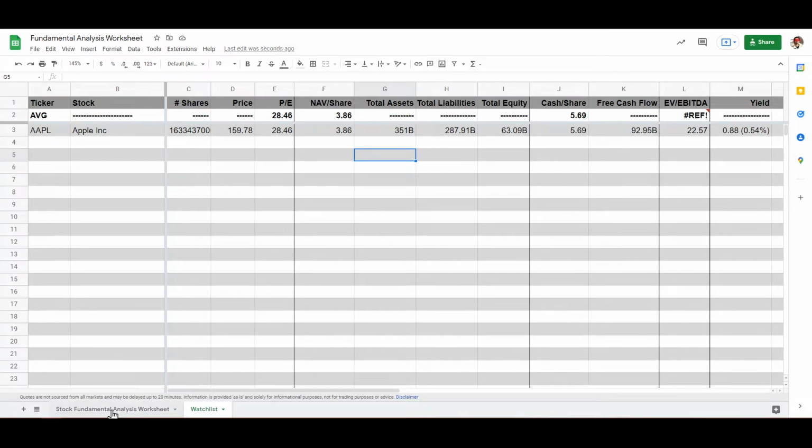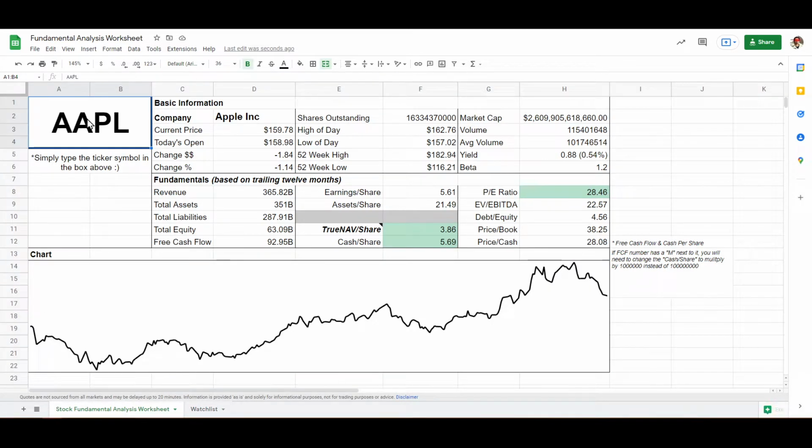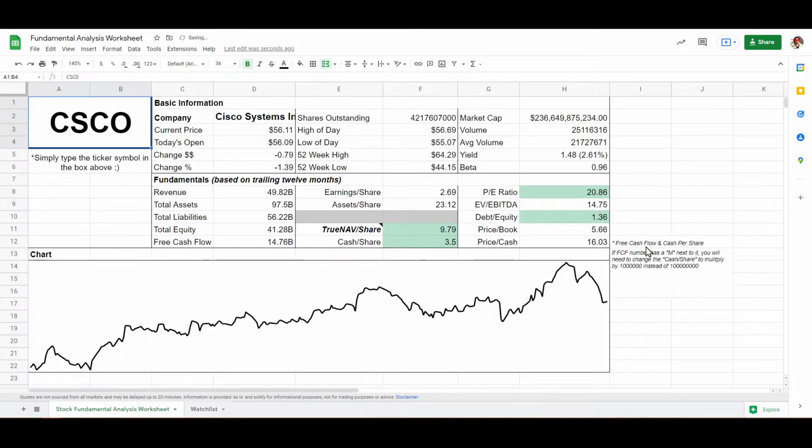Let's say I go to Cisco, because I know I've done that a couple of times. Maybe all of these are not exactly what I would want them to be. I'm not getting a good consistent read on the cash per share and the price per cash, but it's got a good debt to equity ratio and its PE ratio is good.